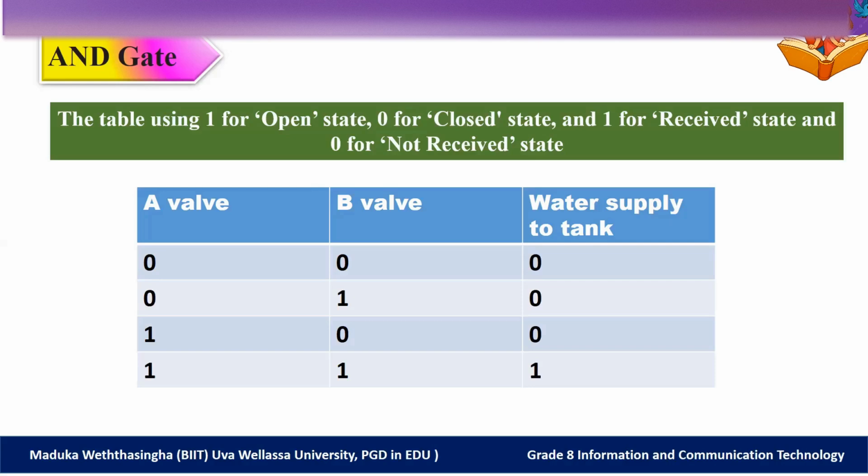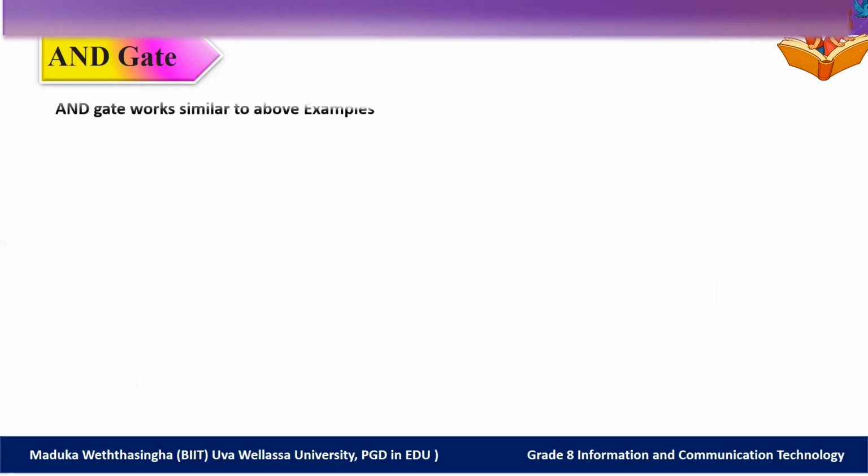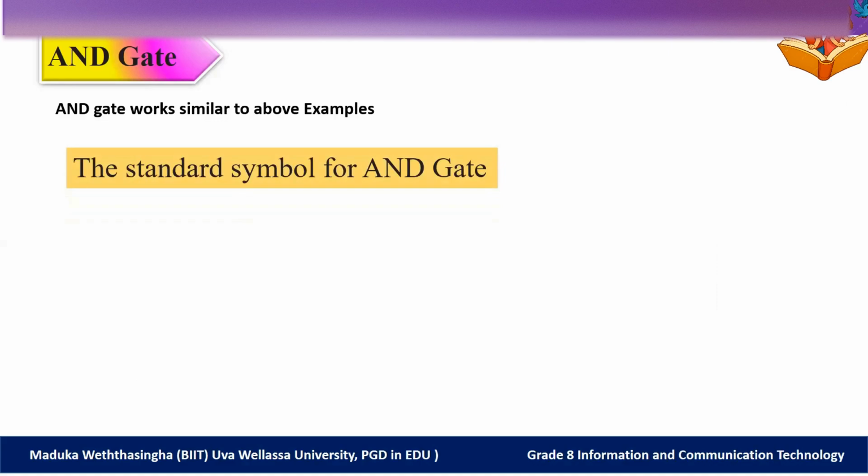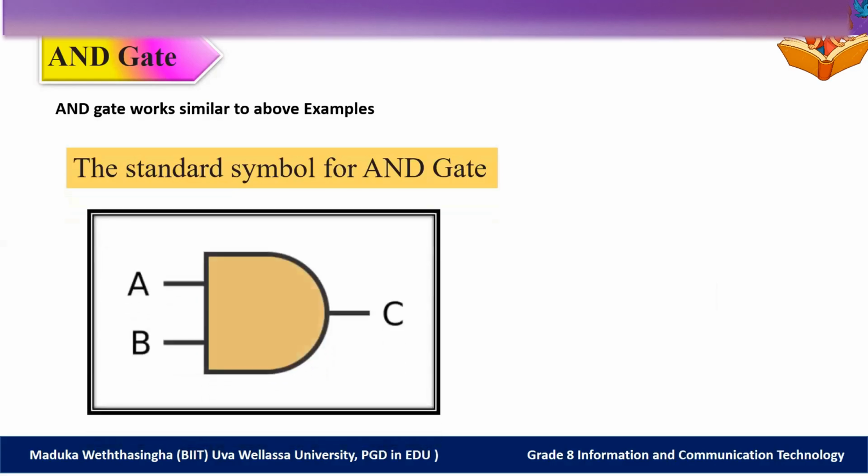Okay, now listen to me. You are going to learn a new thing. Standard symbol for the AND gate. This is the symbol we use to represent the AND gate. You have to remember this symbol.